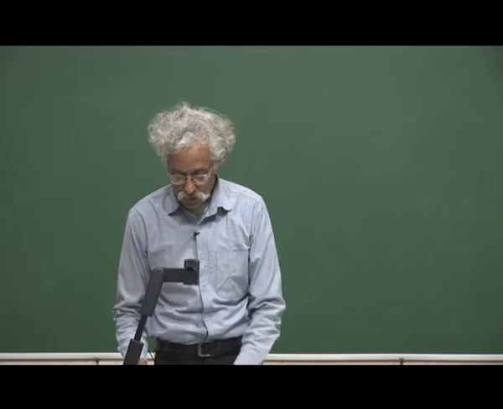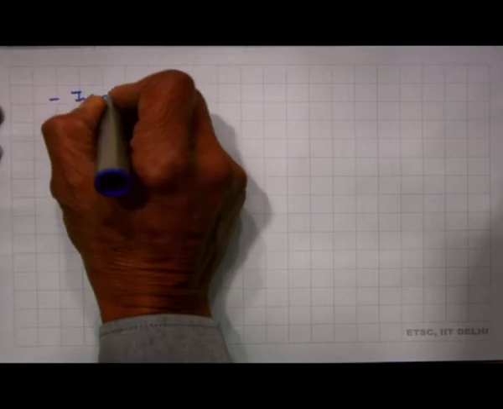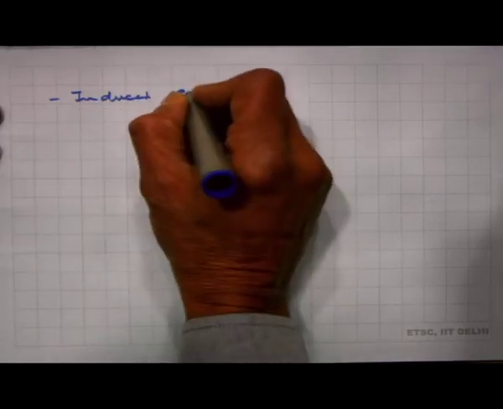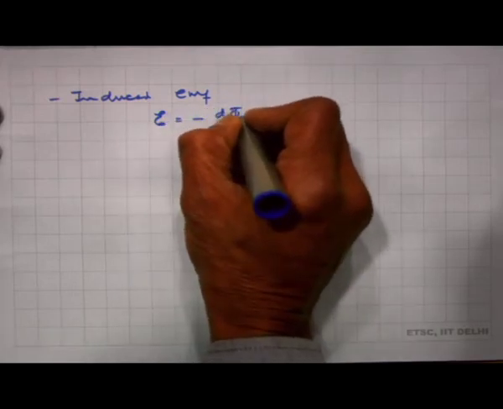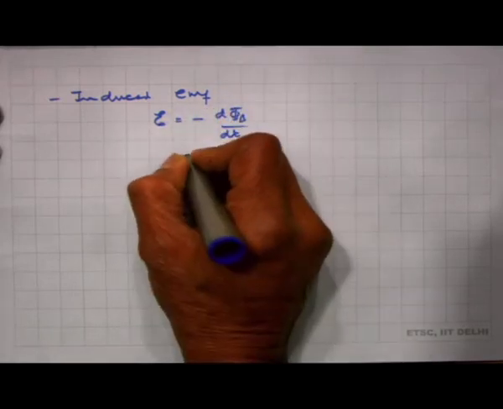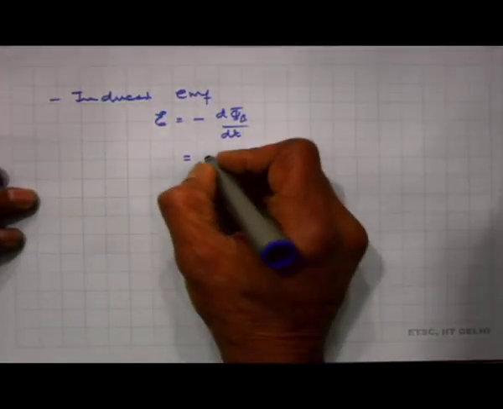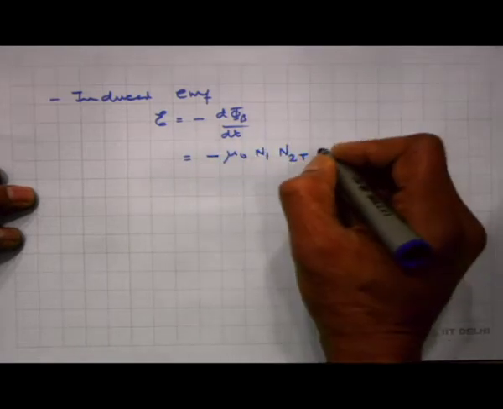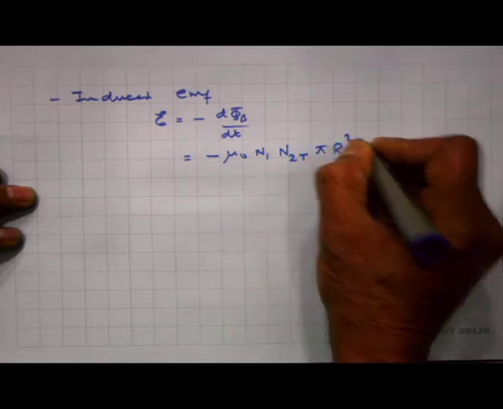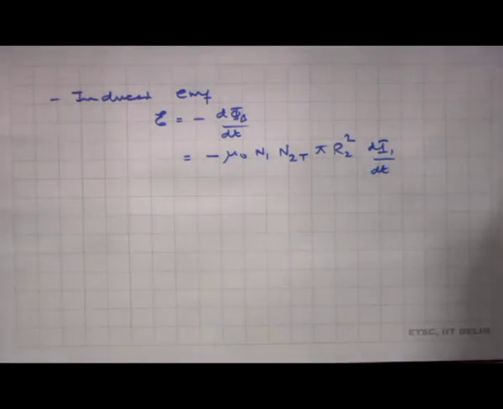I can then calculate immediately the induced EMF, which is minus d phi B by dt, which is equal to minus mu naught N1 N2T pi R2 square into dI1 by dt.